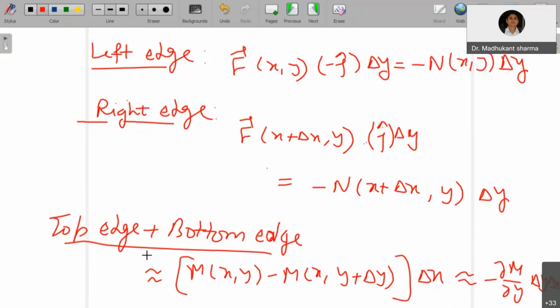Again here we assume that the component has continuous first order partial derivatives. Similarly, if you sum up the left edge and right edge, what you will have is this here plus, because the j component is plus.